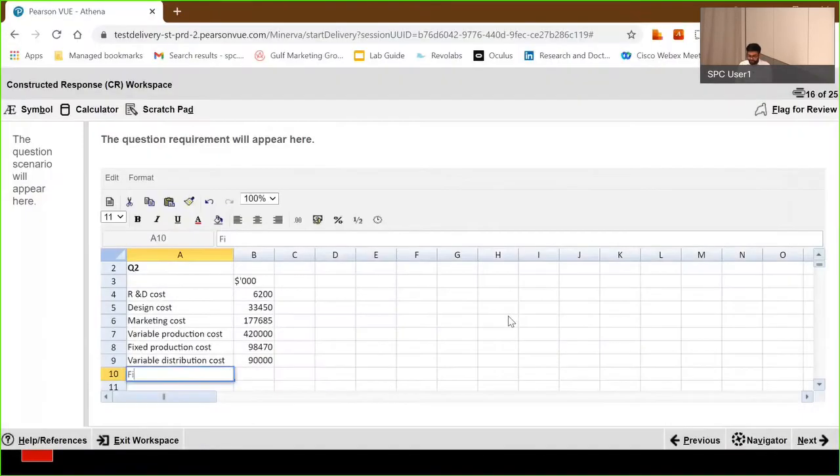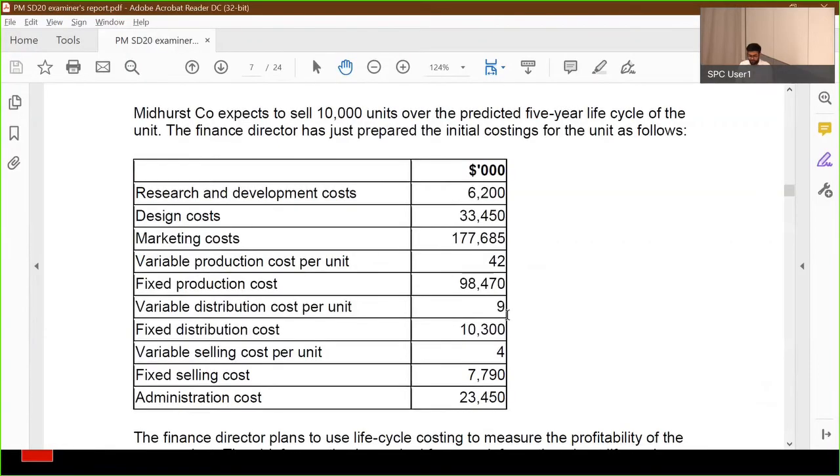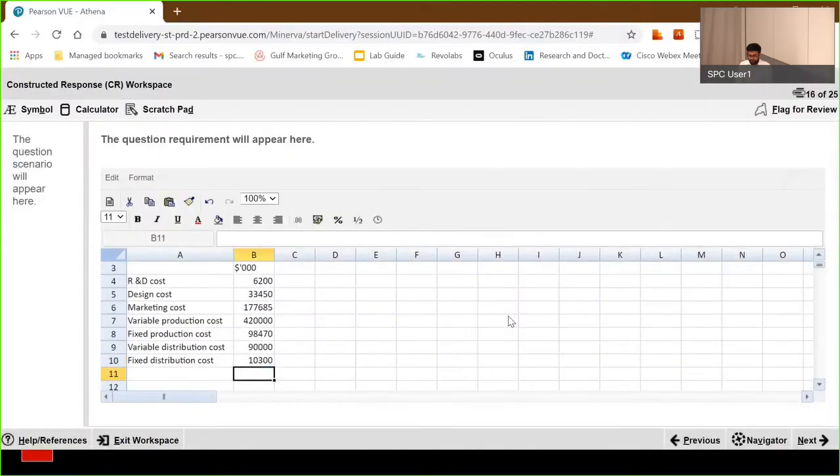Then fixed distribution cost. This is 10,300. We have variable selling cost, which is $4 times 10,000.